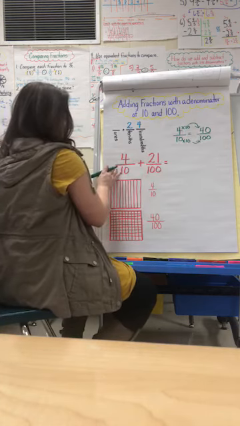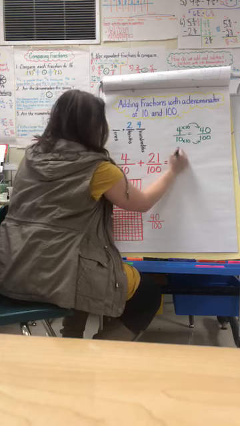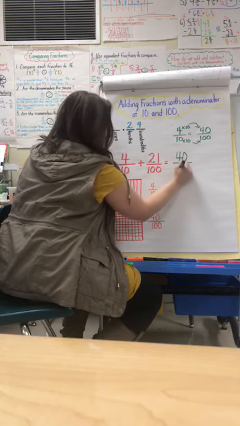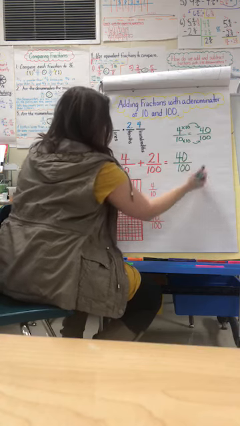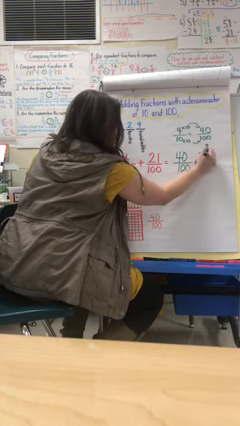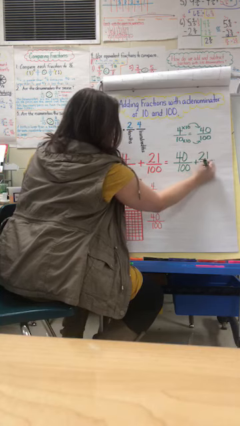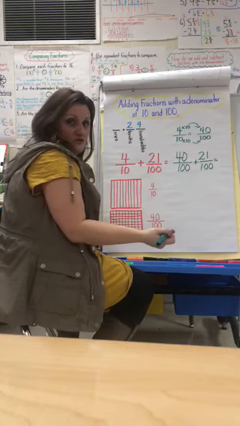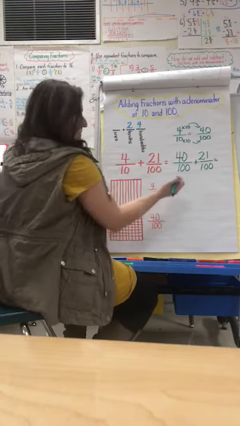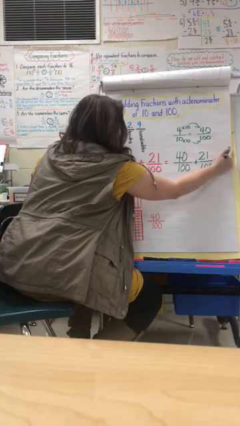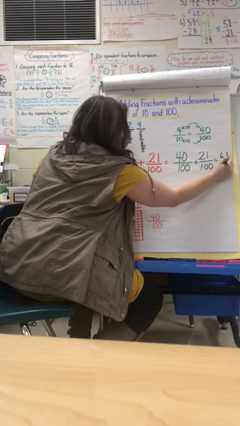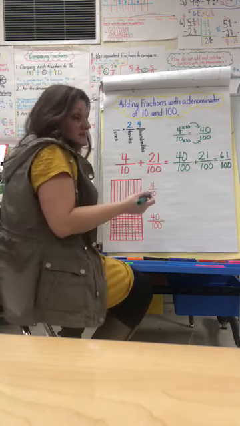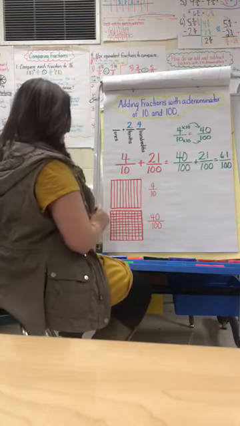So what the kids would do is they would rewrite the problem with the new denominator, 40 hundredths plus 21 hundredths, and then they would just add as they learned before, just adding the numerators. So 40 plus 21 is 61 hundredths. And it's just that simple. We just got to make the denominators the same and go ahead and add, and they're all done.